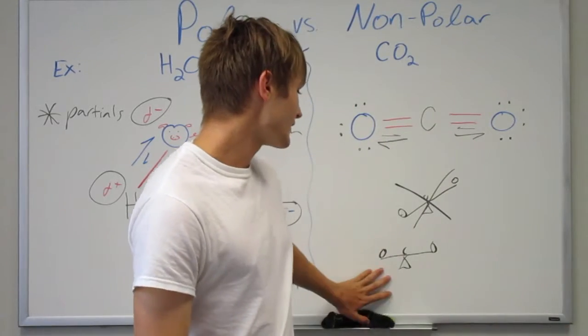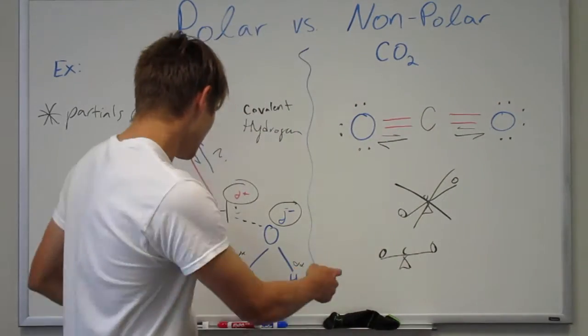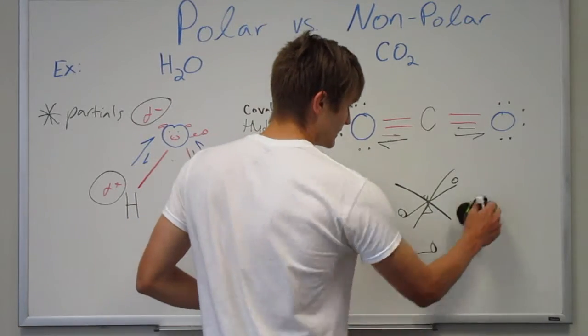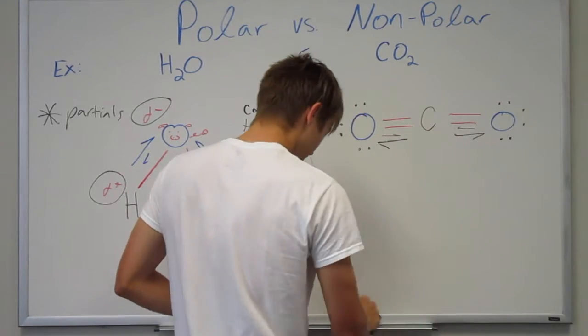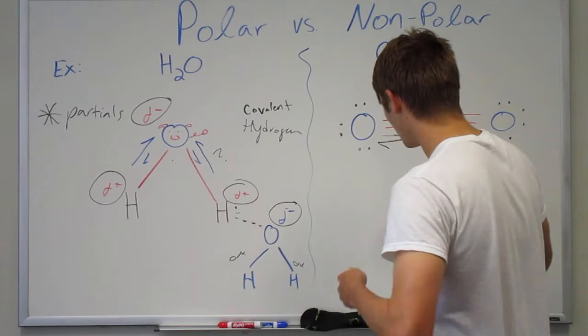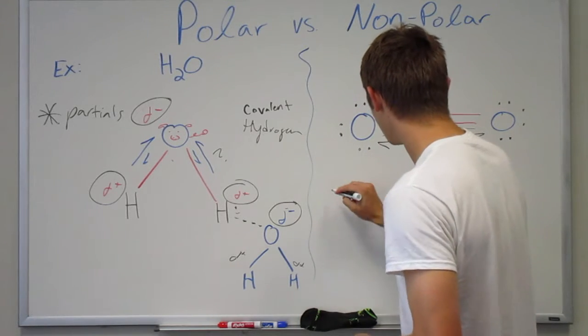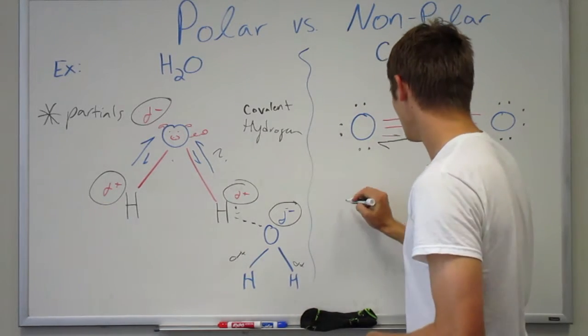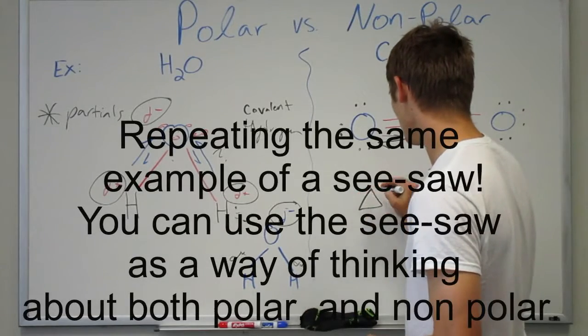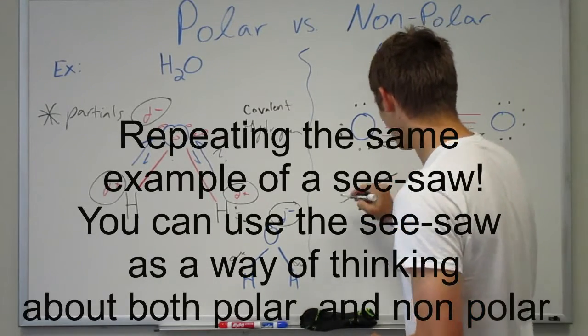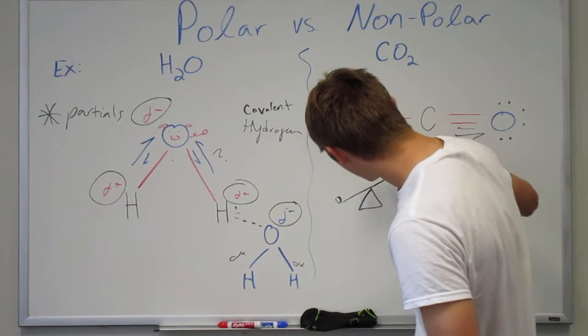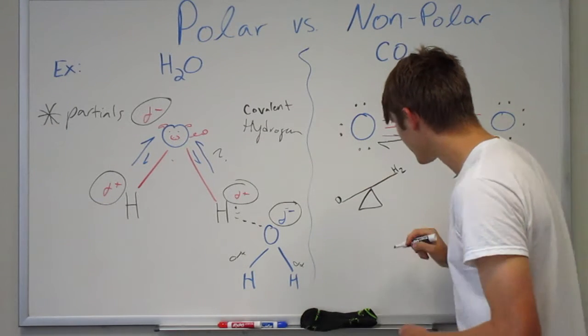And I like to think of it as a seesaw. So you have the carbon dioxide over here. I'll go ahead and erase this, and I'll try a little bigger. So you have a seesaw. This is the H2O one. So you have your oxygen right here and your H2 over here.